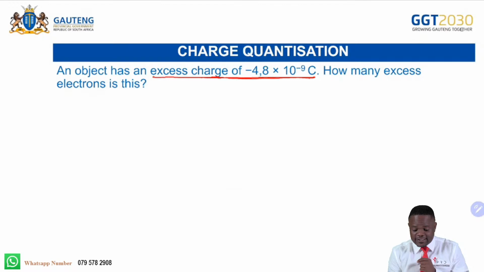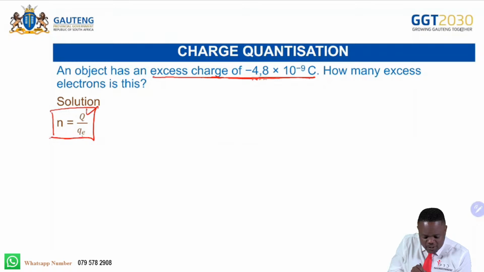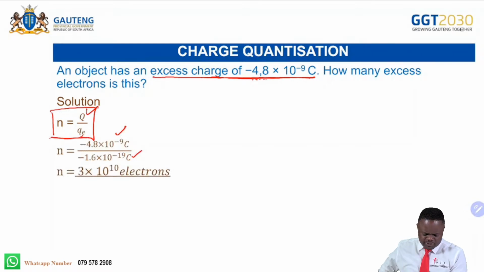So the first step is our formula. The number of electrons is the excess charge divided by our elementary charge, that is the charge carried by a single electron. So you substitute there. There is your charge, and there is our elementary charge. Remember this value, negative 1,6 times 10 to the power negative 19. And this will give us 3 times 10 to the power 10 electrons. I hope that is making sense.